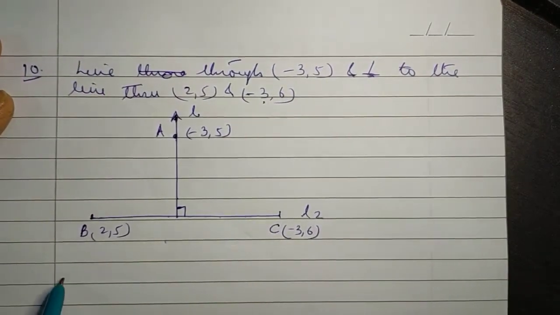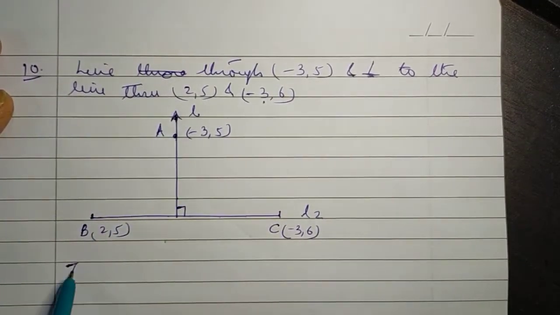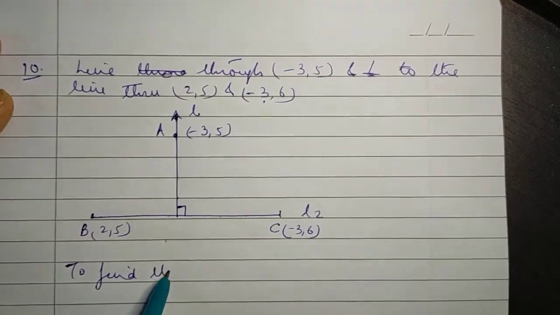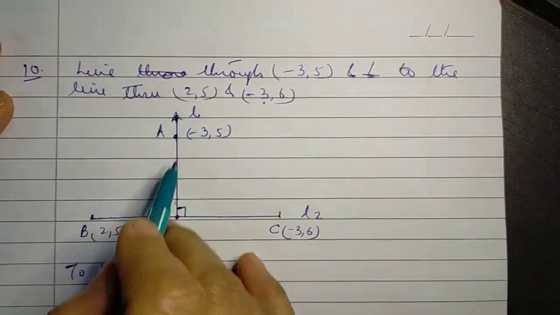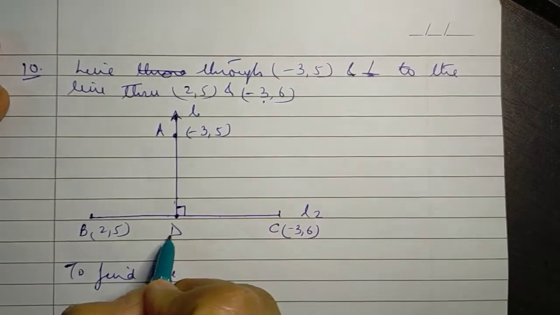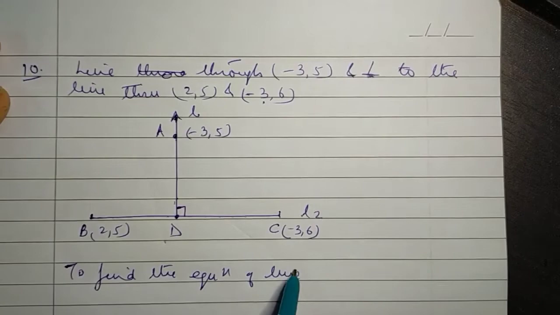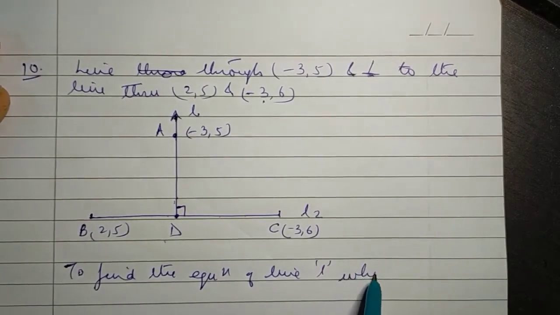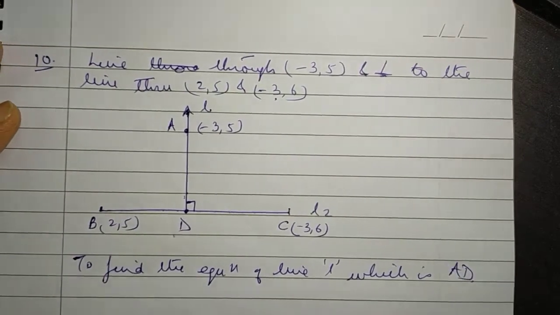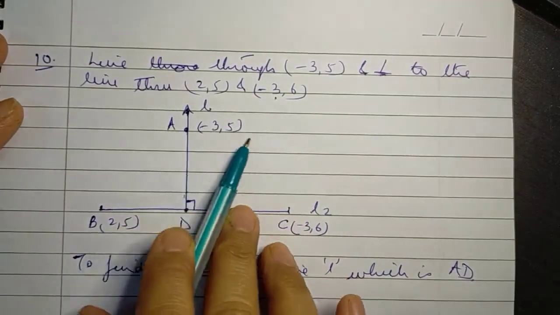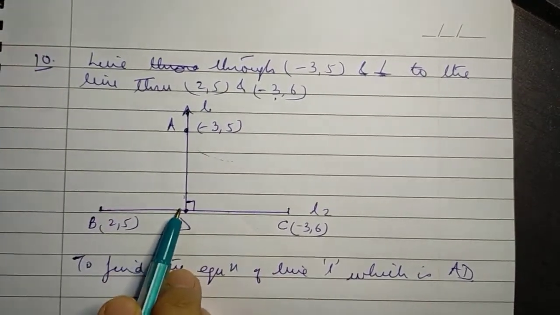So we have to find the equation. Let us call the foot of the perpendicular, let's say, D. Find the equation of line L, which is AD.